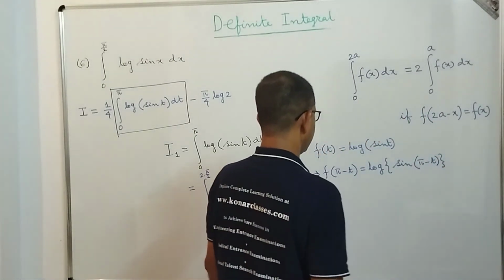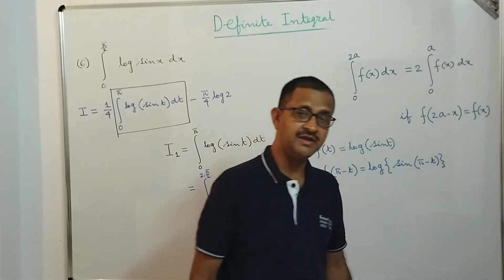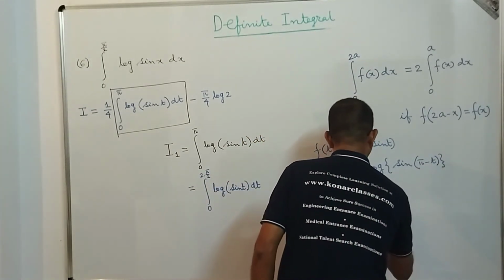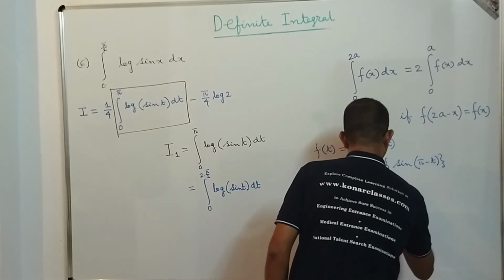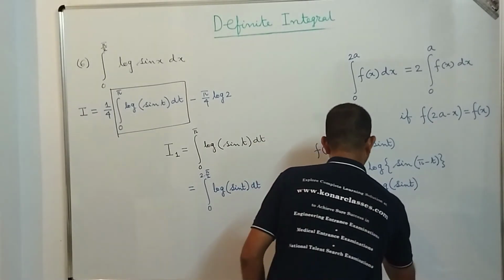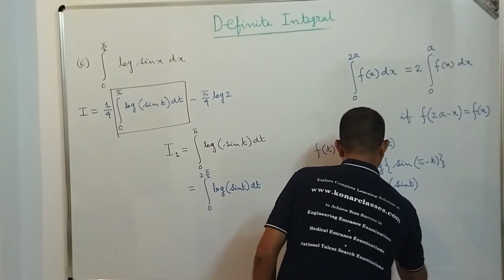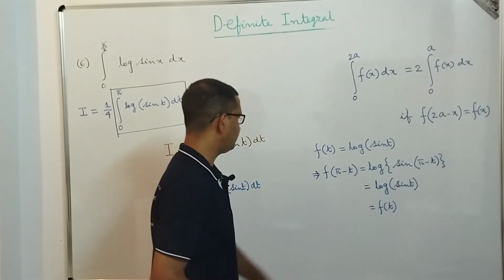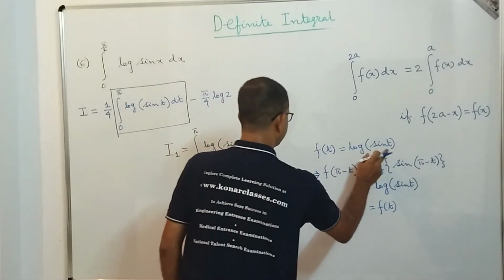Now what is the value of sin(pi minus t)? That is sin t. So we get log of sin t, which is nothing but f(t). So f(pi minus t) is equal to f(t), where f(t) is equal to log of sin t.